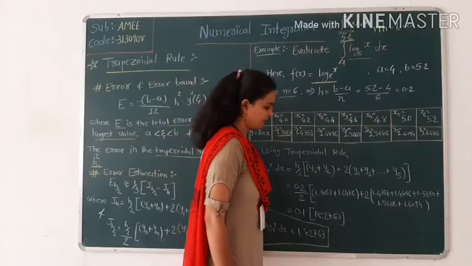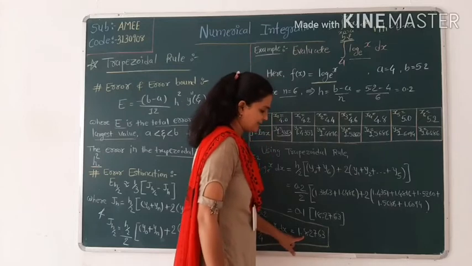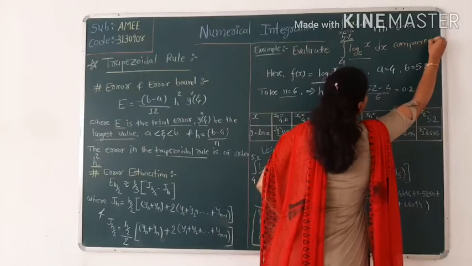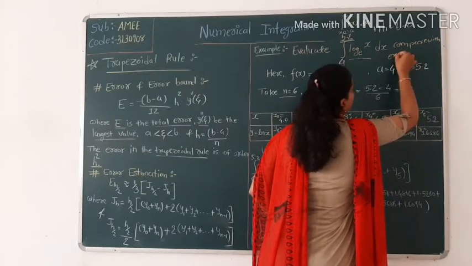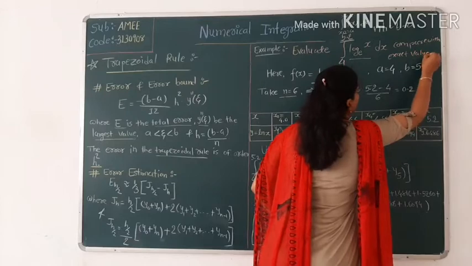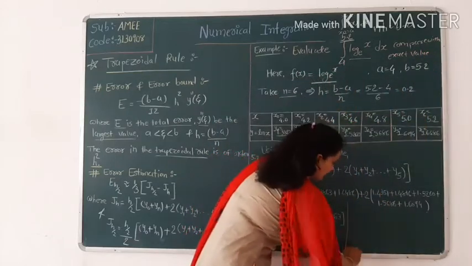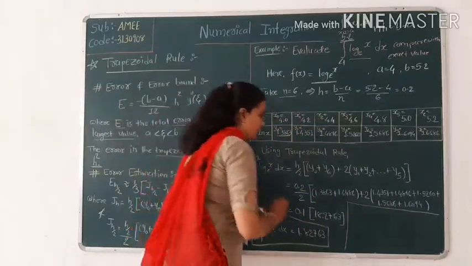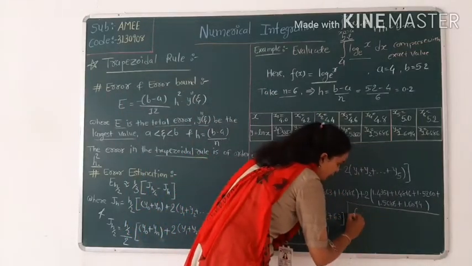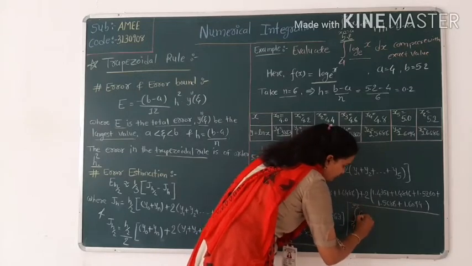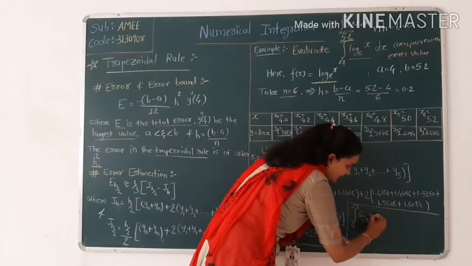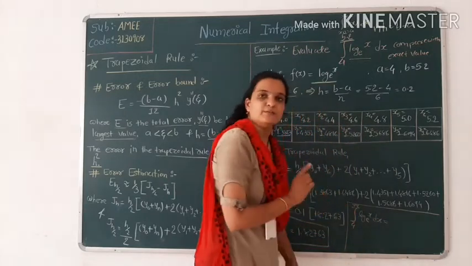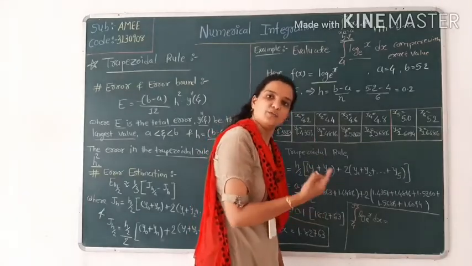If the example says to compare the answer with the exact value, then we find the exact value. So for the exact value we have the integral from 4 to 5.2 of log x to the base e dx. We know that for the exact value we directly integrate the function.